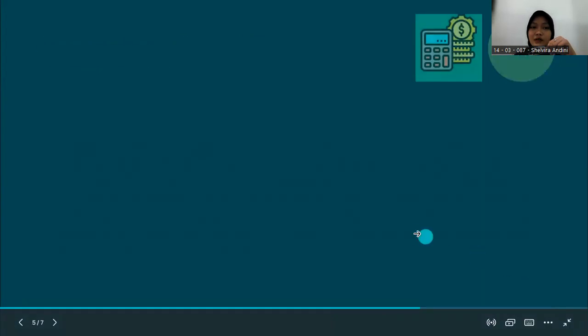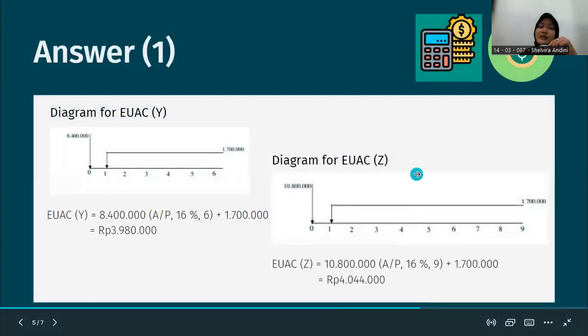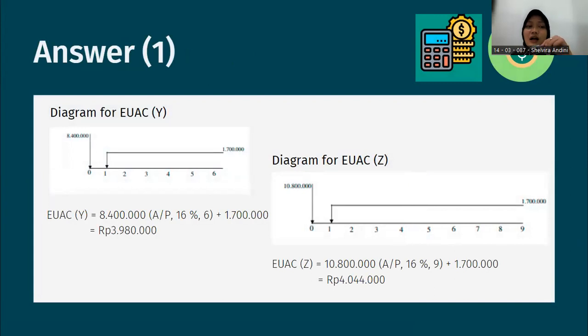The answer to this problem, first, is alternative 1. In this alternative, we have to make a diagram for EUAC Y and a diagram for EUAC Z. On the x-axis, we can see the technical life of EUAC Y and EUAC Z. EUAC Y starts from 0 until 6, while EUAC Z starts from 0 until 9.